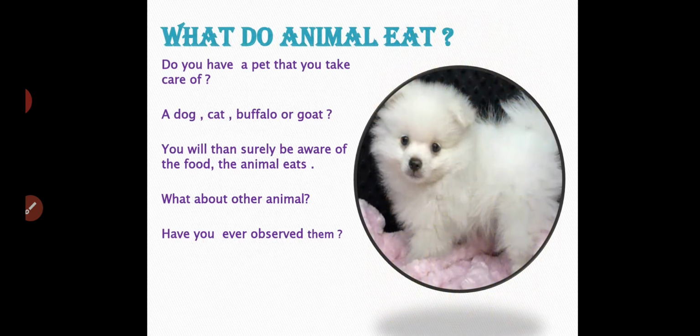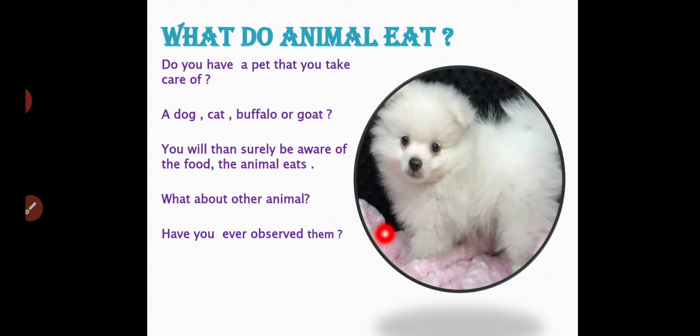So you have understood all this about plants. Now we are going to move towards animals. Students, I want to ask you some questions about animals. Do you have any pet in your home? If yes, are you taking care of it? How are you taking care? You are giving it a bath, giving nice food.